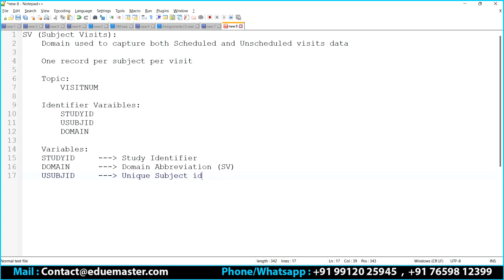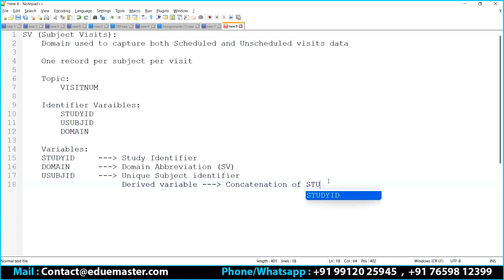How are you going to calculate this? It is a derived variable. You are going to calculate this based on concatenation of which variables? Study ID, yes, site ID, and subject ID.